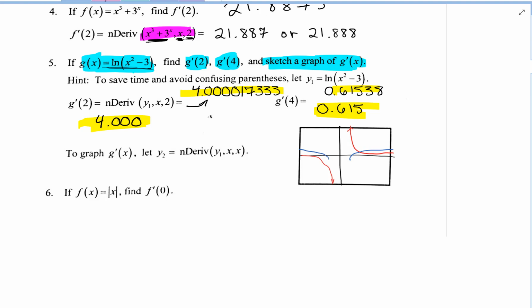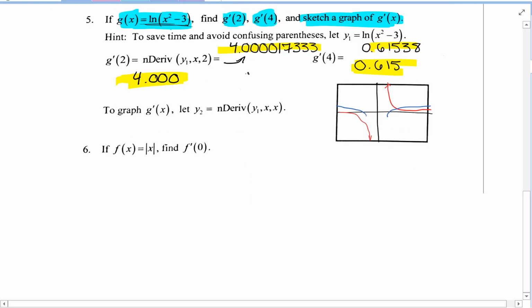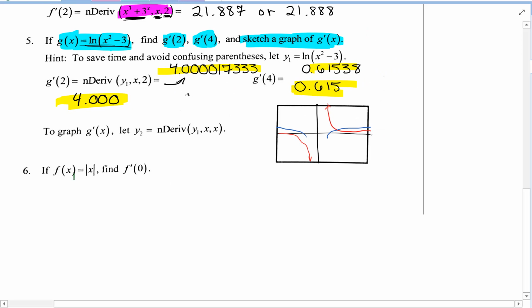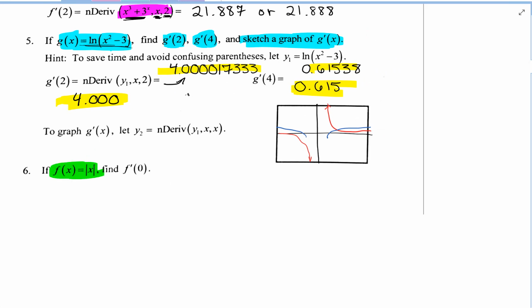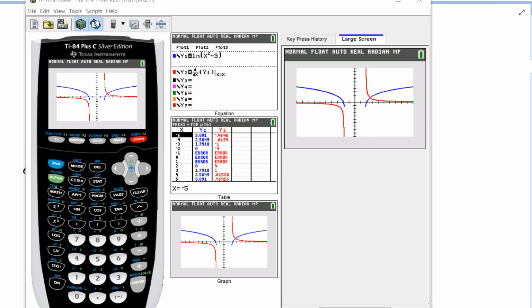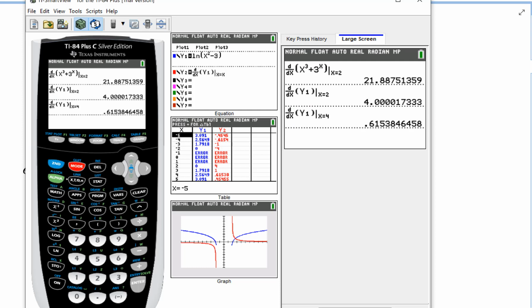Our last one is to evaluate f prime of 0 when f of x is equal to absolute value x. Remember, second mode will get you back to the home screen every time. So we're going to find the derivative with respect to x of absolute value.